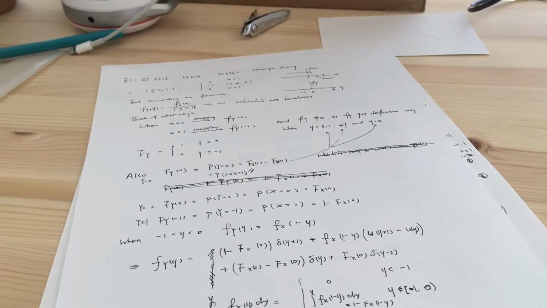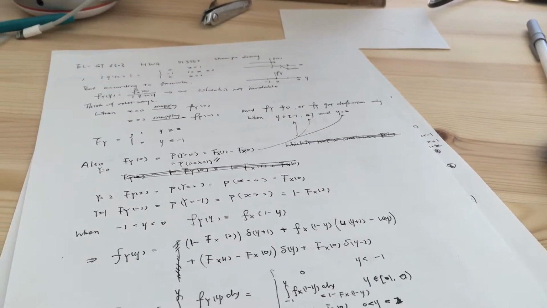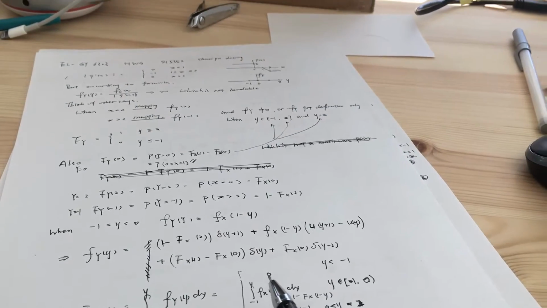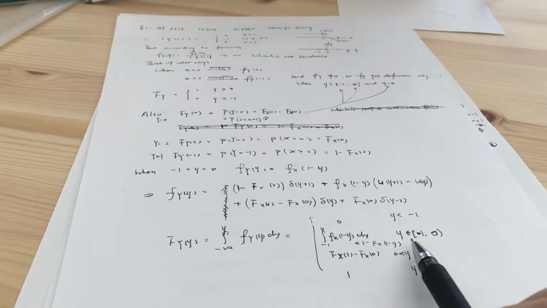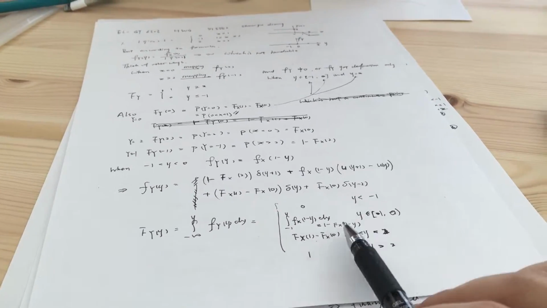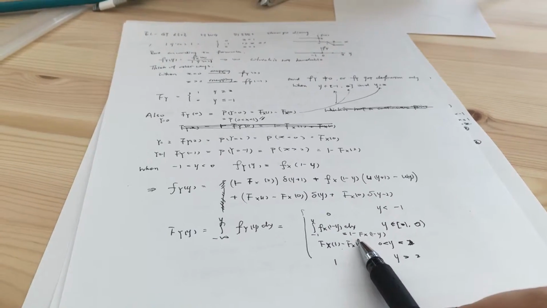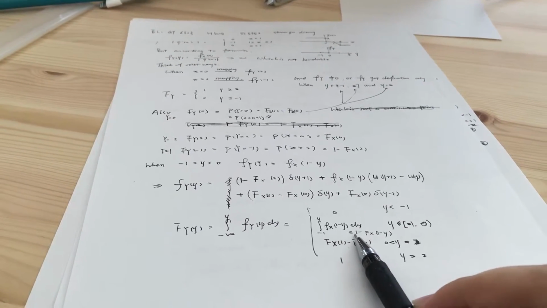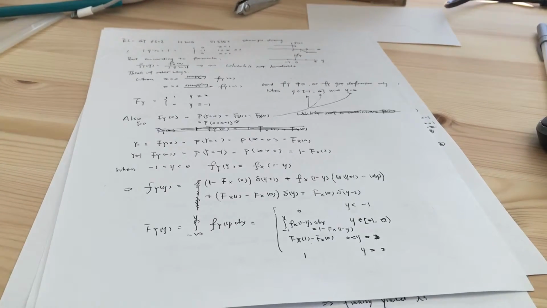And about the capital F_Y, which begins at 0 and goes to 1: when y is in the interval of minus 1 to 0, we just do the integral here, and we get 1 minus capital F_X.